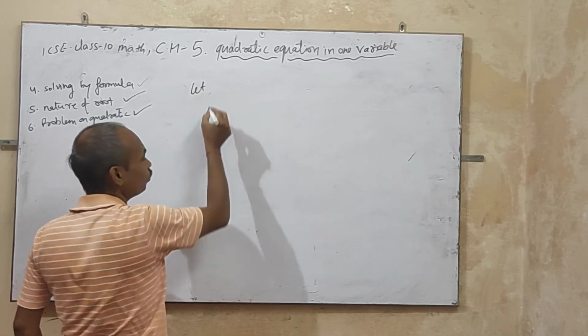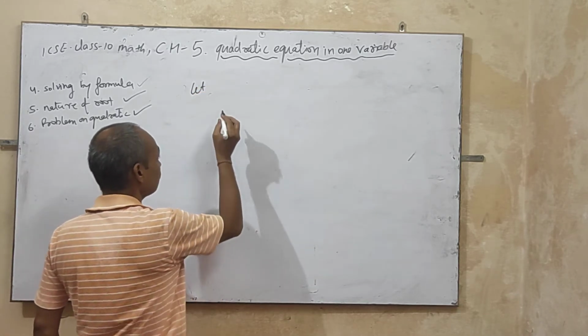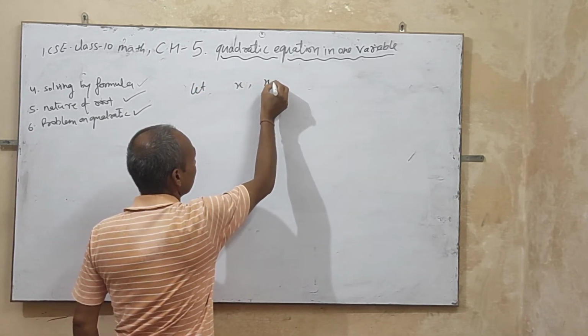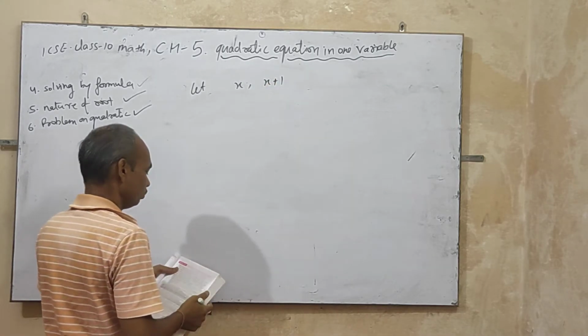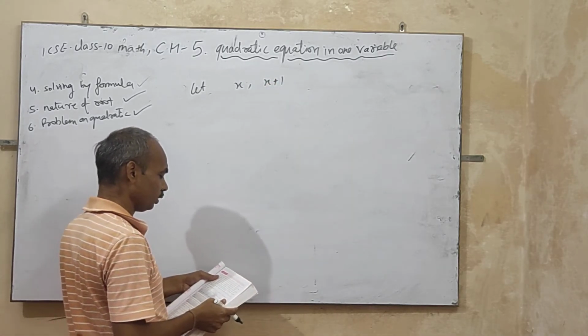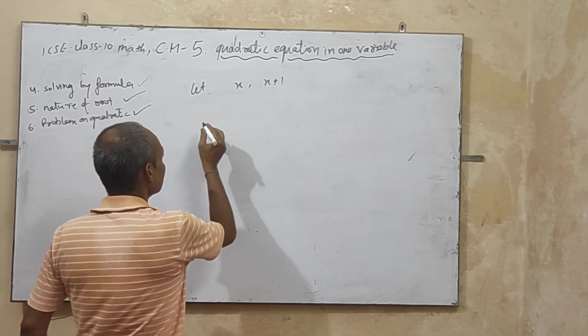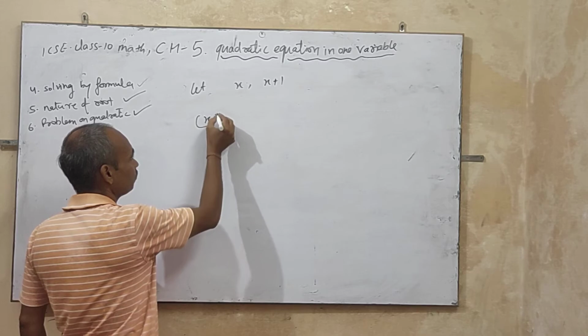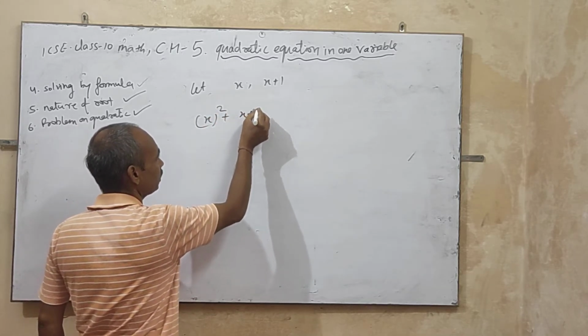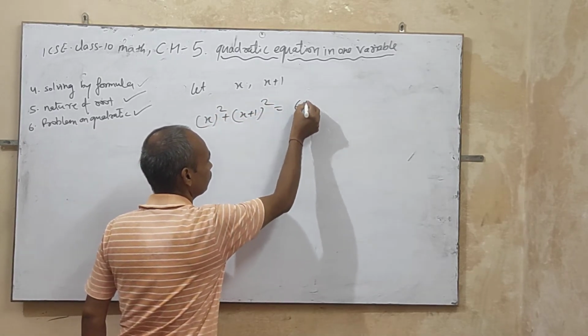Let two consecutive natural numbers be x and x plus 1. Find two consecutive natural numbers such that the sum of their squares is 61. The sum of their squares, first and second square, is 61.